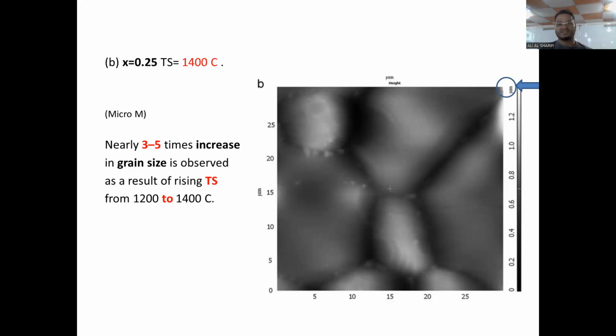That means it's a huge increase in the grain size from 600 to 1,400, and a huge increase from 1,200 to 1,400. Nearly from 1,200 to 1,400, the grain size is multiplied by 3 or 5 times more.